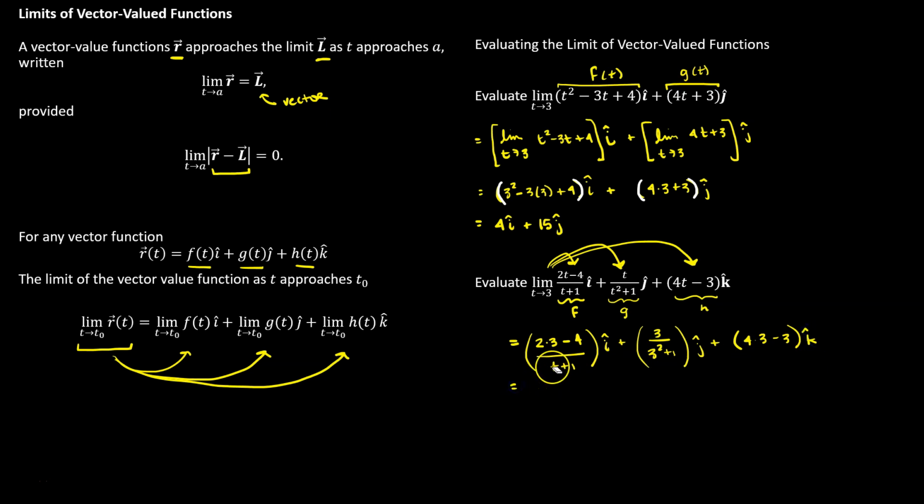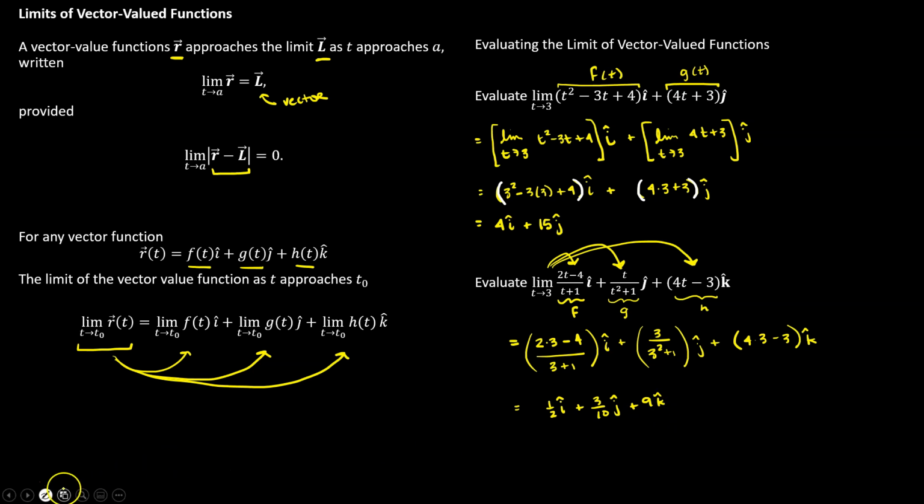Oh, I left a t in this first denominator. So in the i hat component function, we have a 2 on top, a 4 on bottom, or we have 1/2, which I don't need parentheses there. And the second one, we have 3 over 10 j hat. And then this last one, we have 12 minus 3, which would just be 9 k hat.